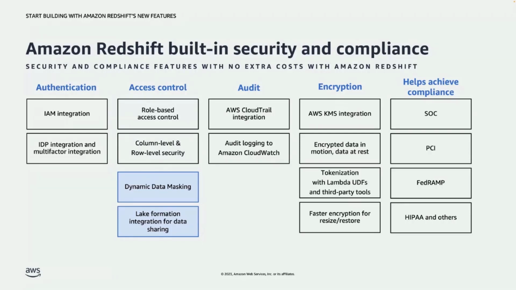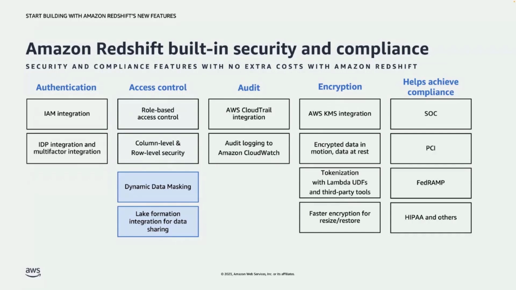For authentication, Redshift provides built-in integrations with AWS IAM and uses IAM Identity Federation to support popular third-party services such as Azure Active Directory, Okta, and Ping Federate. For managing access to your data, you can use fine-grained and role-based access controls, both for your Redshift data and for your data lake.